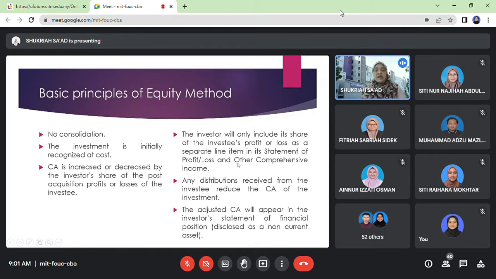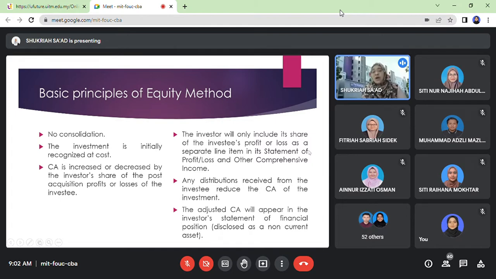This is the effect in terms of the presentation in the SOPR. Just now we were talking about the item to be reported in the SOP, where we need to have the item investment in associate, which is at cost, to be disclosed under non-current assets.